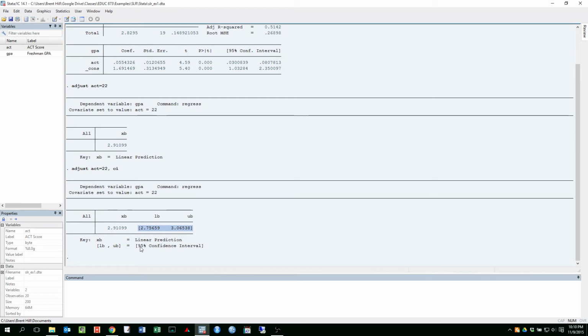And if you don't specify a percentage, it will automatically do 95% by default. You can set this if you want to do, say, the 99% confidence interval. You could do that if you leave CI there, and then you put level and then 99.